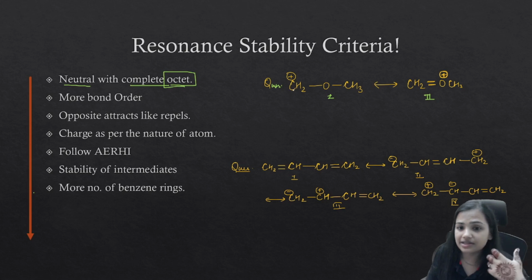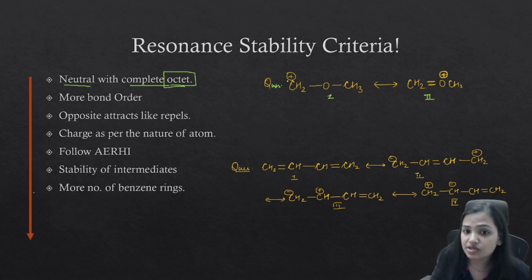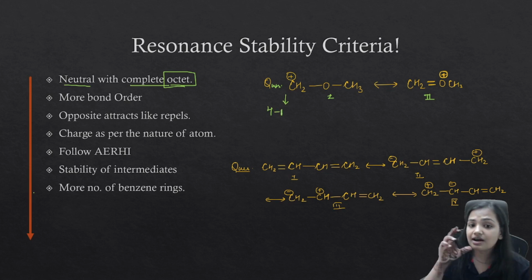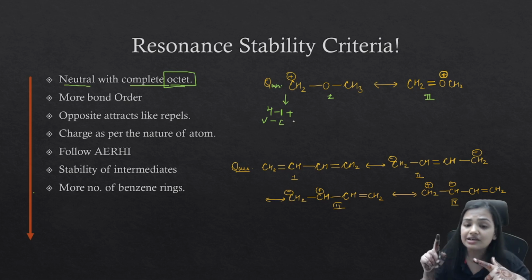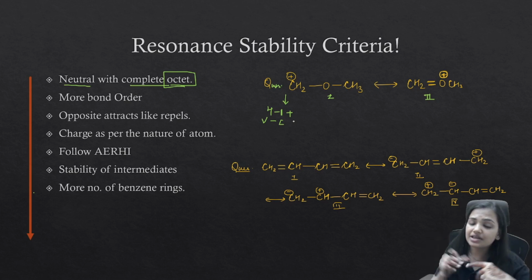You know carbocation. Whenever we have a positive charge over a carbon, carbon has how many valence electrons? 4 valence electrons, but because of this positive charge there will be a deficiency of 1 electron, so 4 minus 1. Now this carbon is forming how many bonds? These are the valence electrons minus the charge, V minus C, plus the number of electrons participating in sharing.